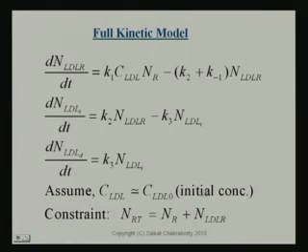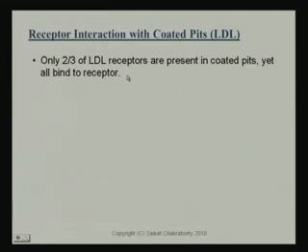So the total number of receptors present as free and as complex is a constant. How did it help us? We could pull this back into this equation, and therefore, when CLDL is a constant equal to the initial concentration, it became a first order reaction, and we could solve it. Now we don't want to make that assumption.